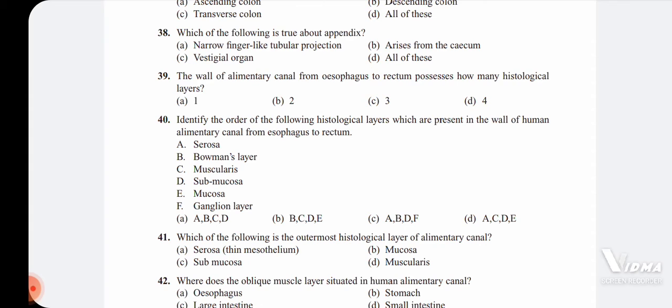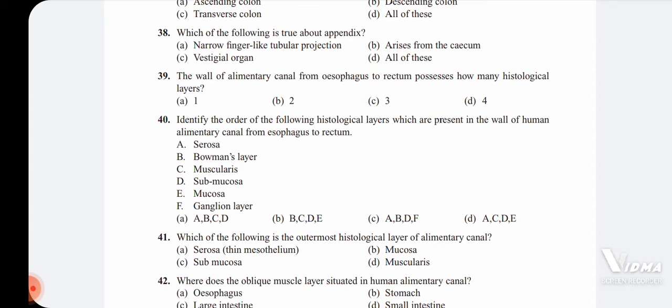First is the outermost layer, that is serosa. After that it is muscularis, then submucosa, and the last part is the mucosa. Last part means it is the innermost layer of the alimentary canal.